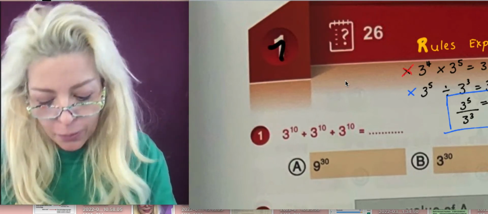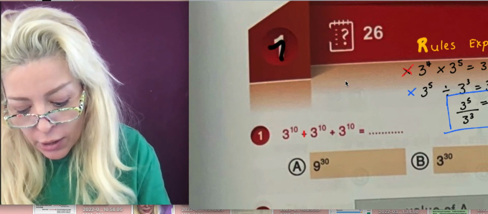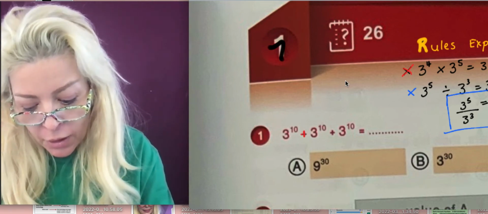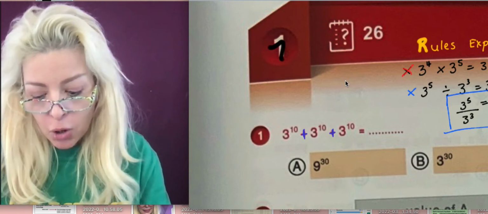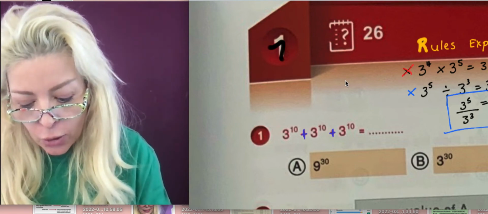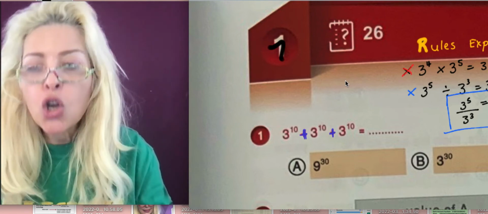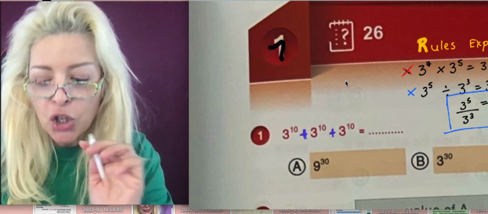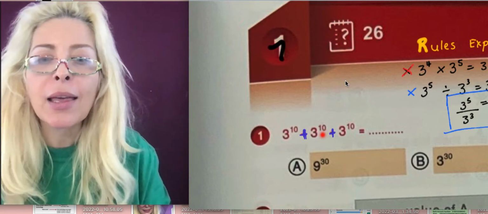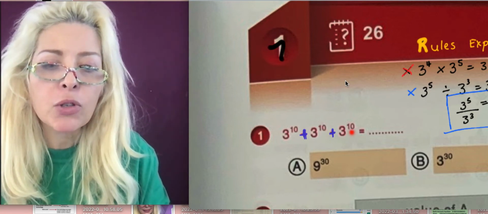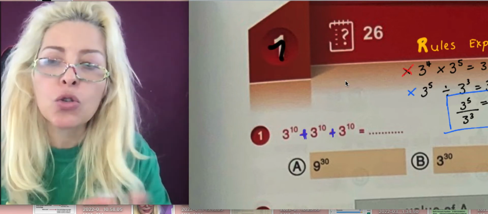I will show you. So here this is addition. Okay, so we have addition, addition. Now, in this case, when you are adding, you will not touch the powers. Do not do anything with the powers. You see the power of 10, 10, 10? You don't do anything to it.